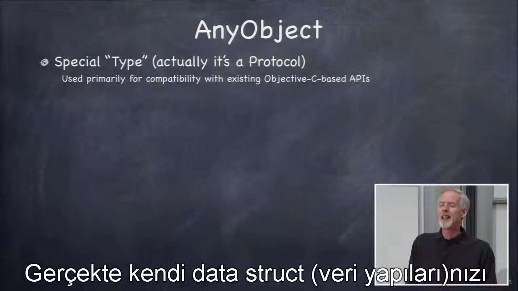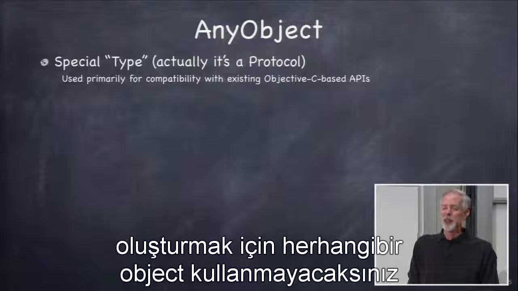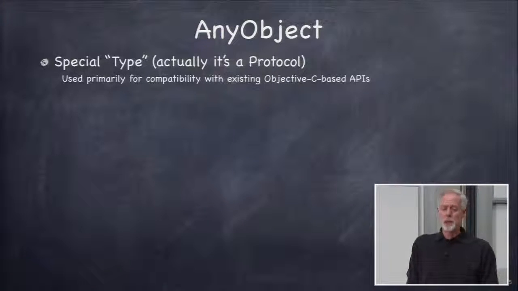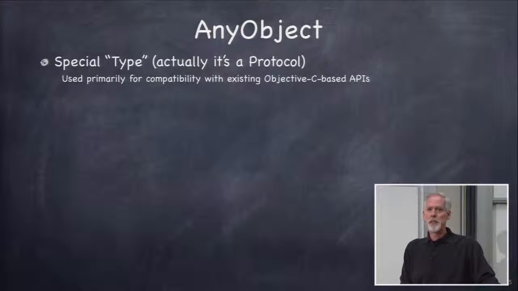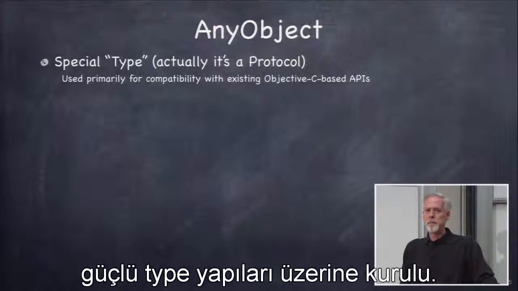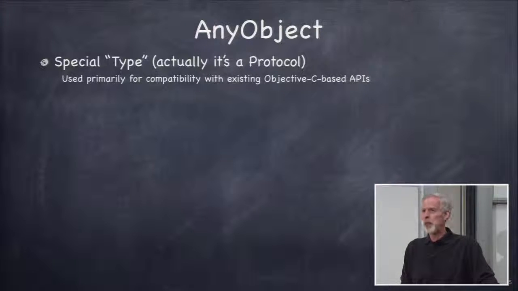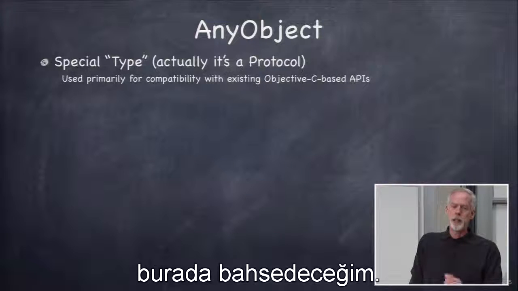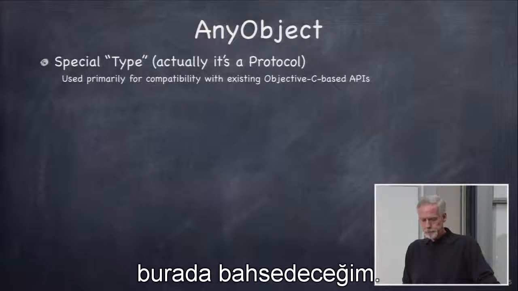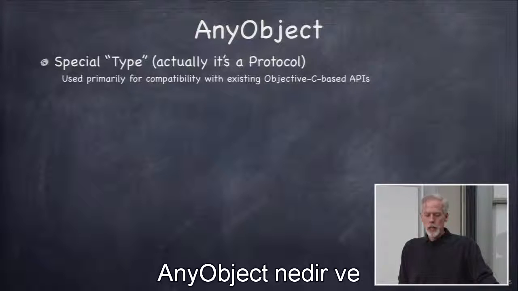You're really not going to use AnyObject to build your own data structures very much. I suppose you could, but it'd be kind of anti-Swift. Swift is very much into strong typing and type inference and all that. So you could, but I'm only going to talk about it in the context here of using it as this compatibility thing.